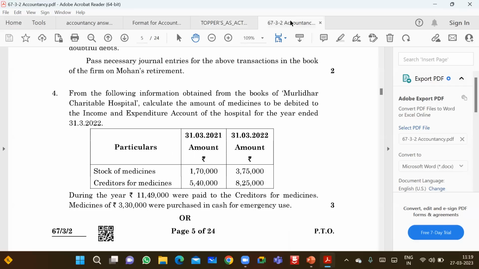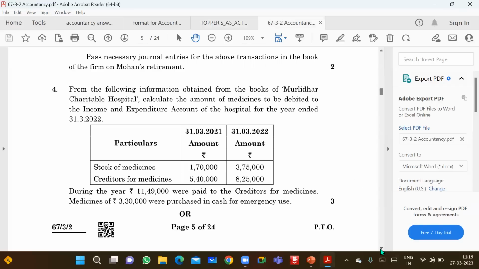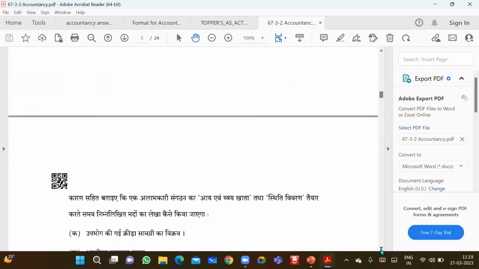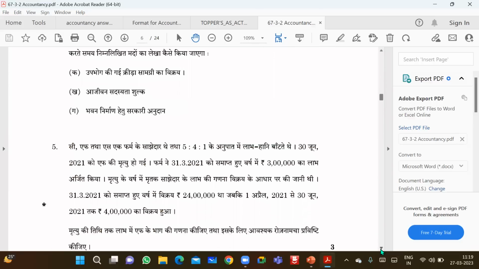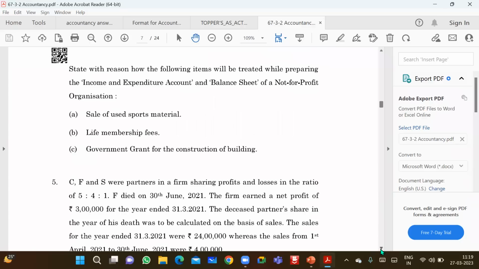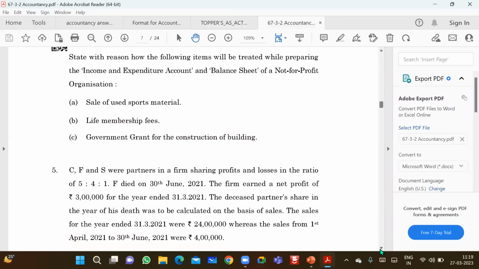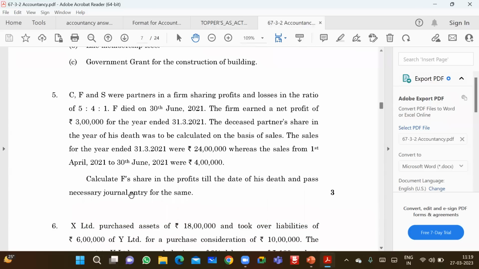Now let's move to the next question, question number 5. Here it is asked to find out P's share in the profit till the date of death, on his death, and pass necessary journal entries.